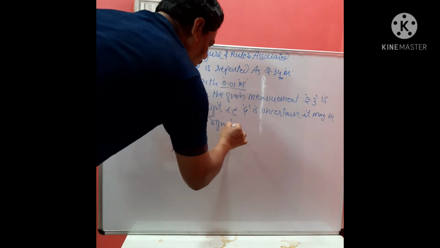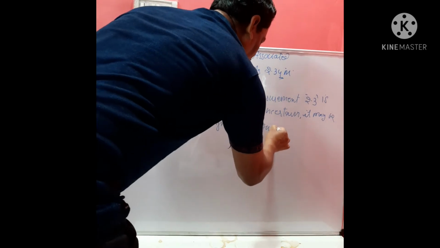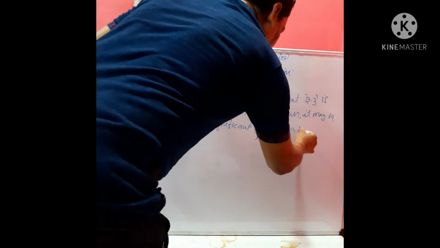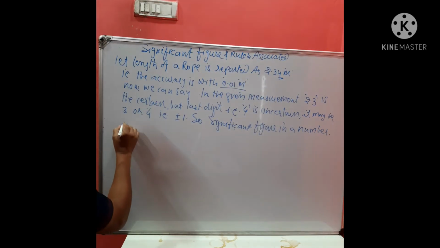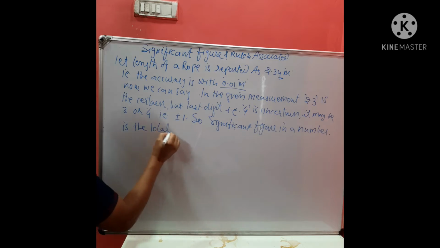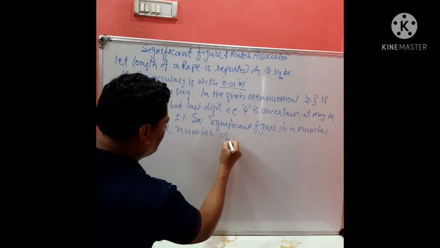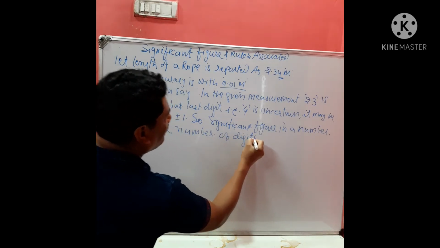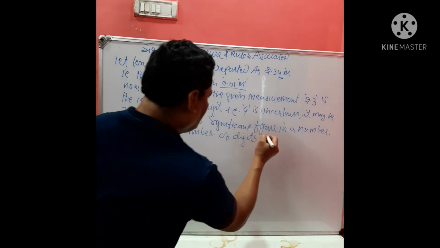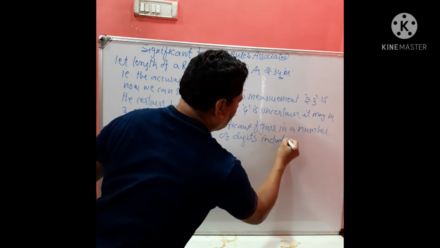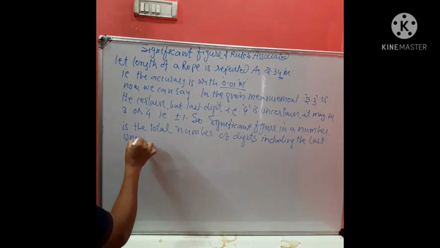Significant figure in a number is the total number of digits, like here 1, 2, 3, these are digits, including the last uncertain digit.